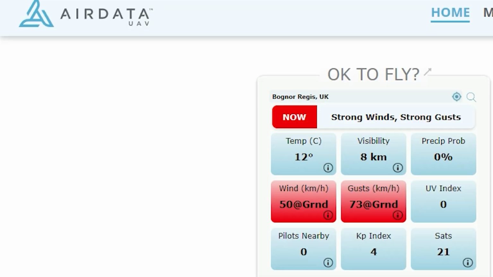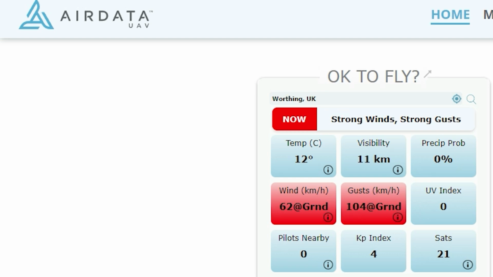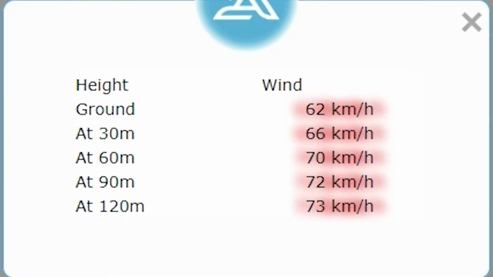This is Airdata UAV. It's another app where you can get various other results. You can put in the location where you are. So if we put in Worthing, these are the winds. The lower one is approximately the average wind speed, and that would be with ground winds up to 120 meters, which is the legal maximum that we can fly in the UK.